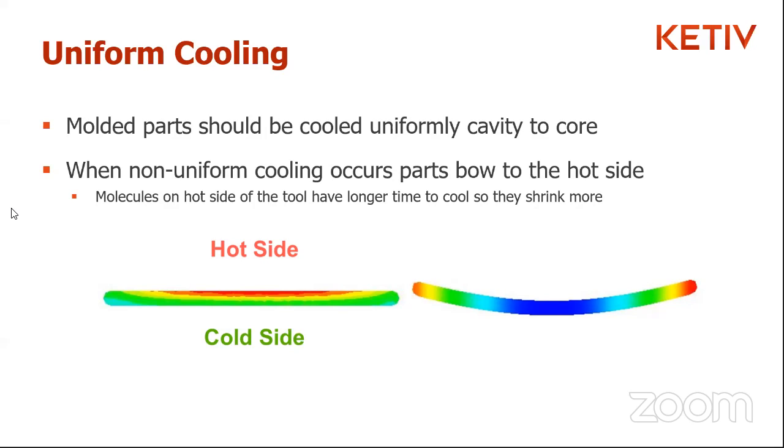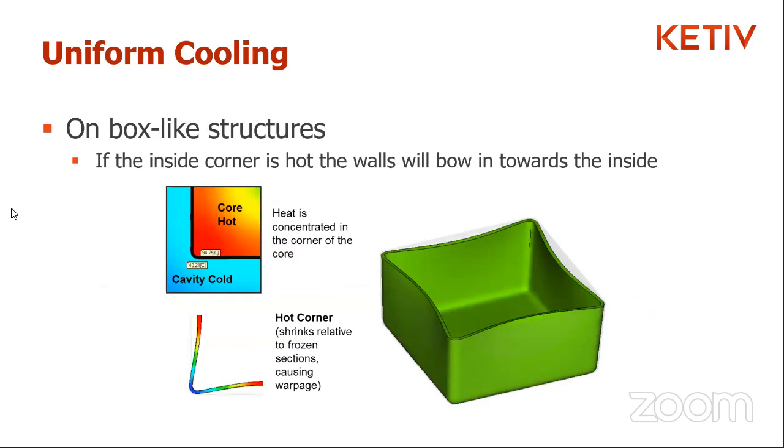So always keep in mind you want the cooling to be as uniform as possible, and especially in structures like this, when you've got box-like structures, you will see that the walls will tend to bow inwards, almost bend inwards, and it doesn't look like a box anymore, right? It just looks like a shape of an enclosure that may or may not be straight. So for something like this, especially as you get bigger and bigger in size, it can be fairly important to see that the cooling portion of this remains uniform.